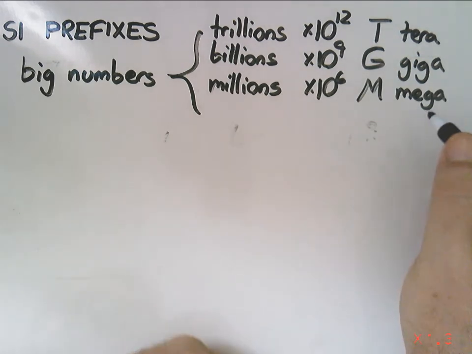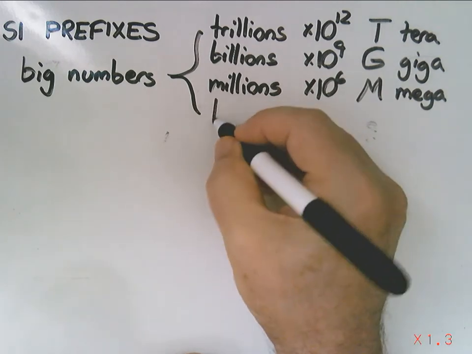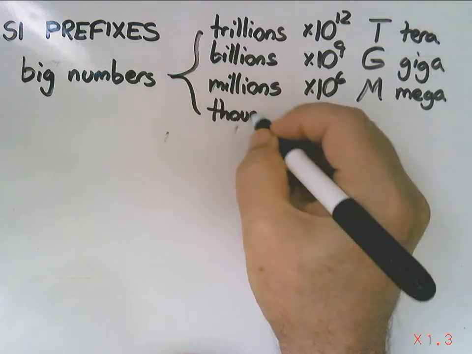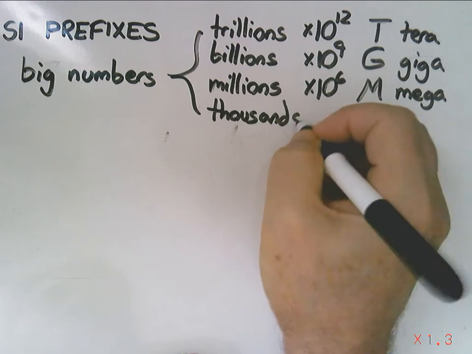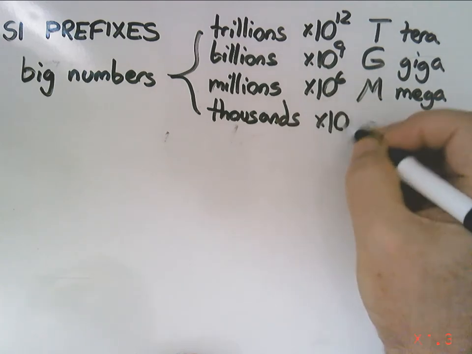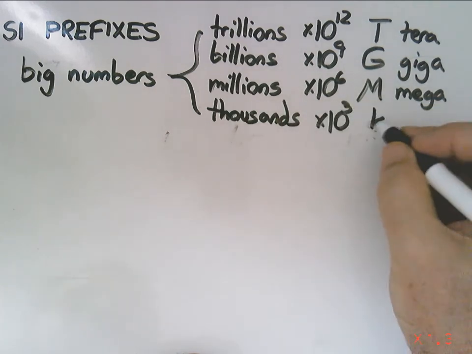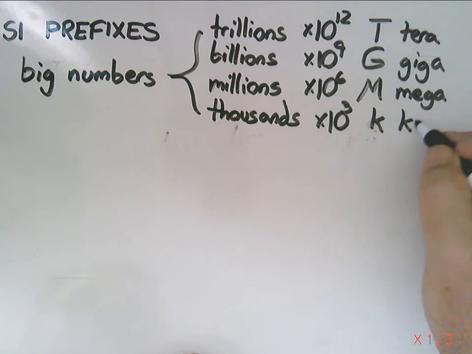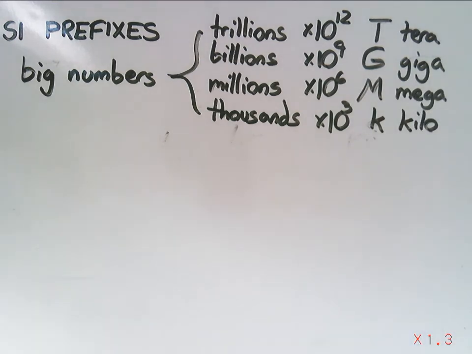So millions is mega. And thousands is times 10 to the 3, and that's kilo. So those are all the big ones to remember.